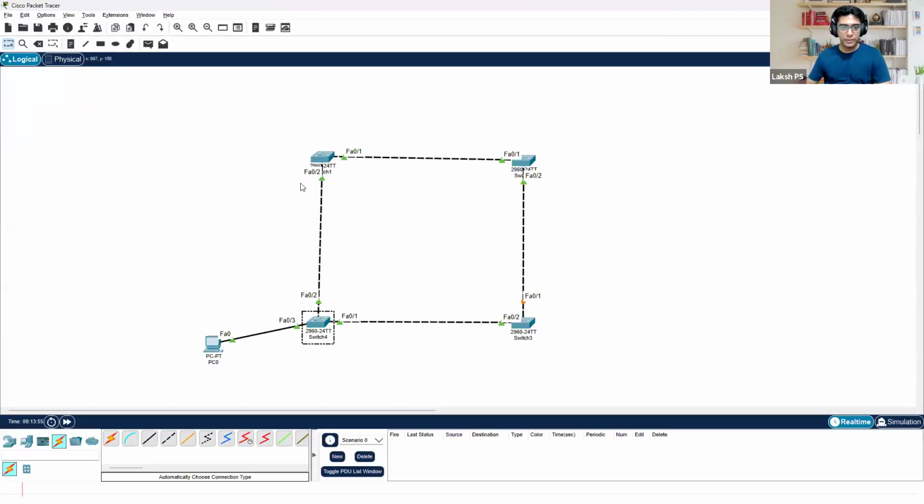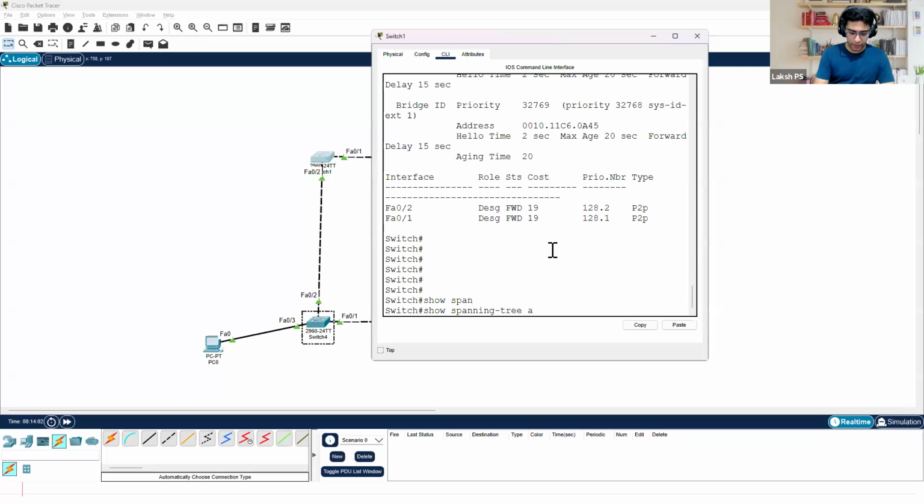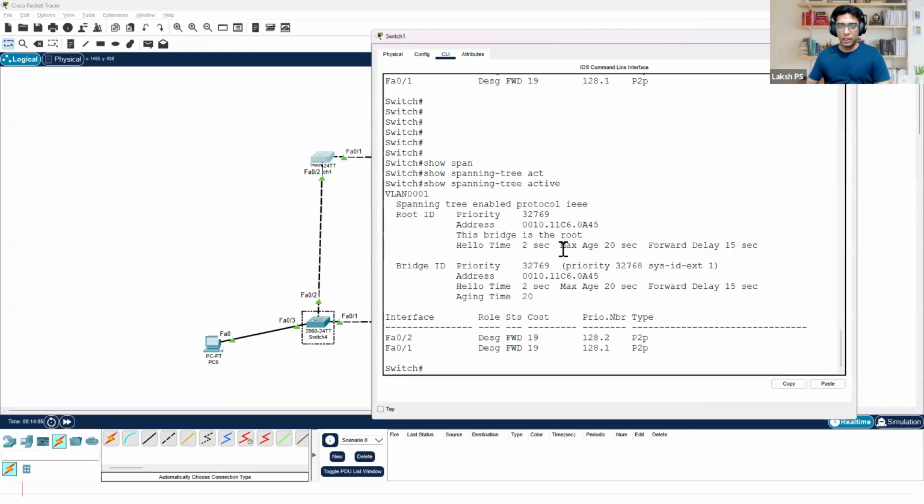Let's check. This is switch number 1 over here. Let's open that up and do a show spanning tree active. When I do a show spanning tree active, you will see spanning tree Root ID. This means the root bridge's ID. It says the priority is 32,769. Why is it 769? We'll talk about that later. Consider this as 32,768 for now.